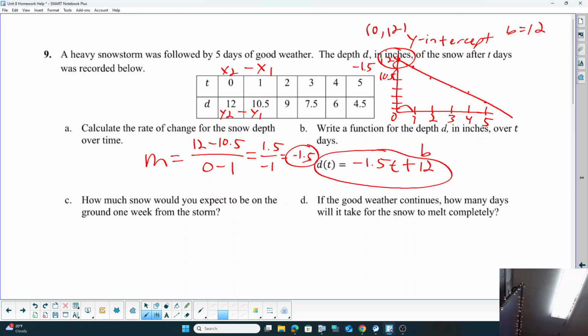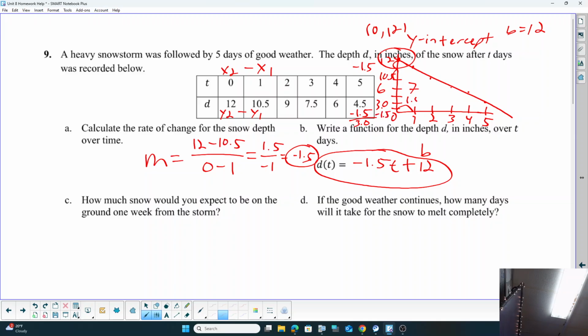How much snow do you expect to be on the ground 1 week from the storm? So we got to keep decreasing by minus 1.5. So that'll be 6 days. So 4 minus 1 is 3. So now this will be 3.0 for 6 days. And then minus 1.5 one more time.